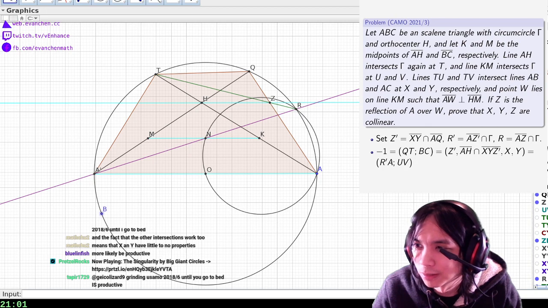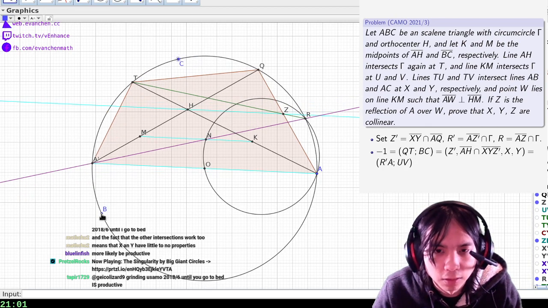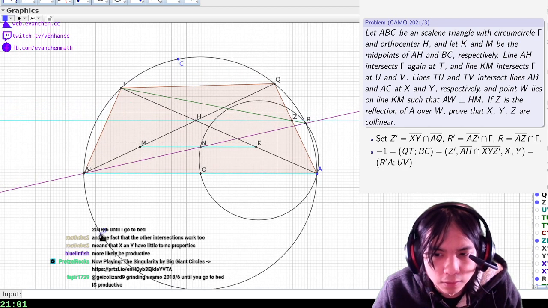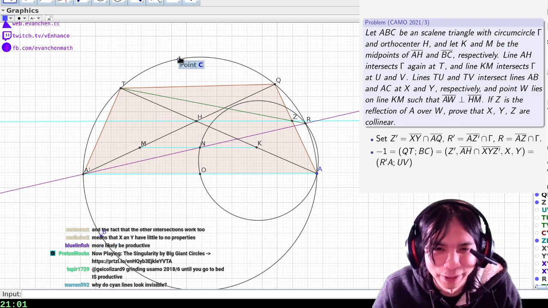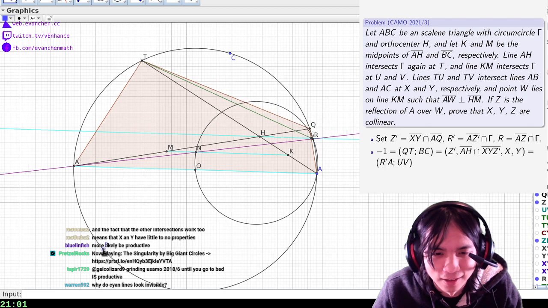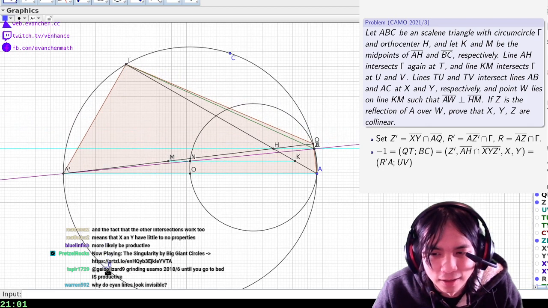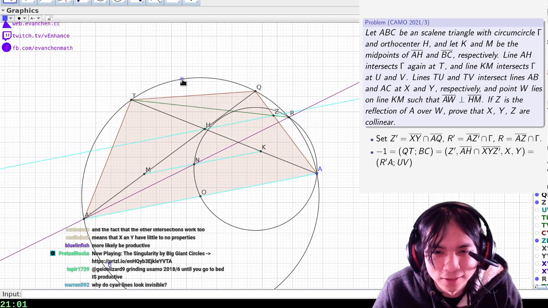Okay, let's fudge B and C some more. Oh, it still looks parallel, yeah! The eternal struggle.